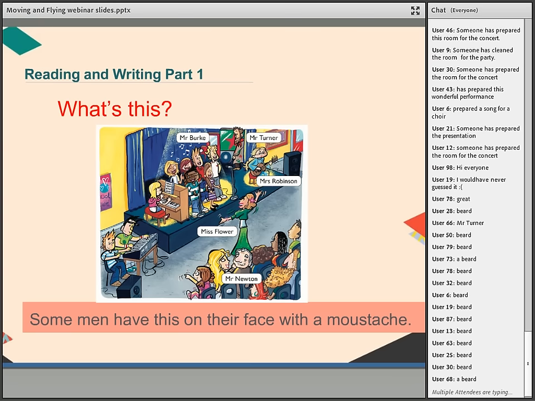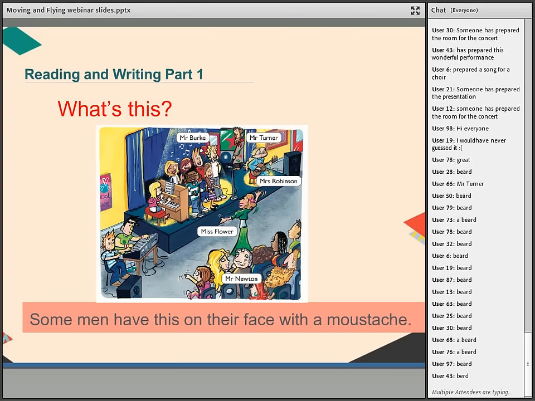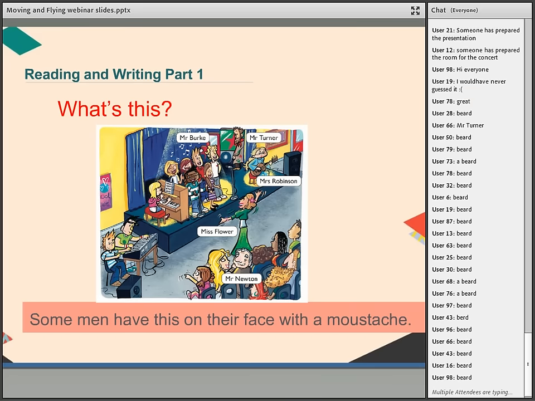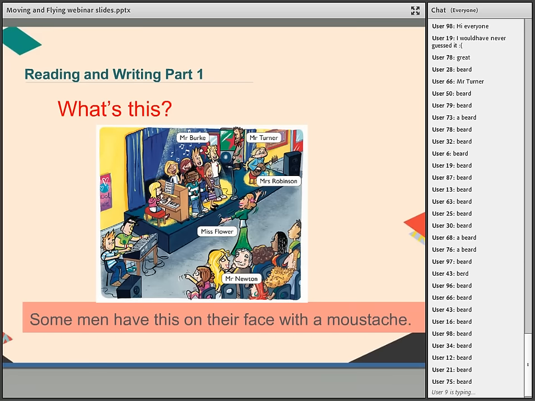That's right, it's a beard, and we can see a beard here in the picture on Mr. Turner's chin, on his face at the back of the picture.